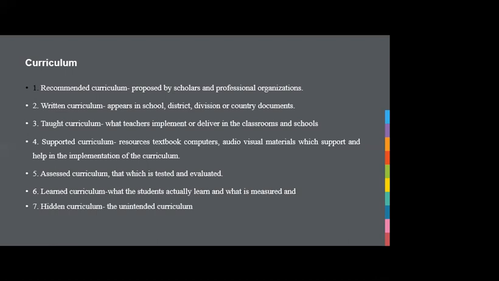Glasson, in his paper Curriculum for the 20th Century, describes seven types of curriculums operating in schools. The first one he calls a recommended curriculum, which is one proposed by scholars and professional organizations, right? That might not be in schools, but is proposed as a good curriculum.